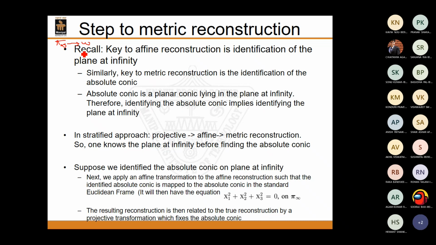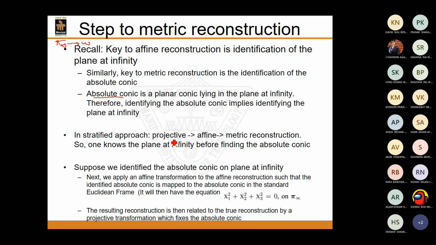So the information that we make use of here is determining the absolute conic, right? The absolute conic is analogous to the circular points in 2D space, the circular points which lie on the line at infinity in 2D space. The absolute conic refers to the conic present on the plane at infinity in 3D space, right?